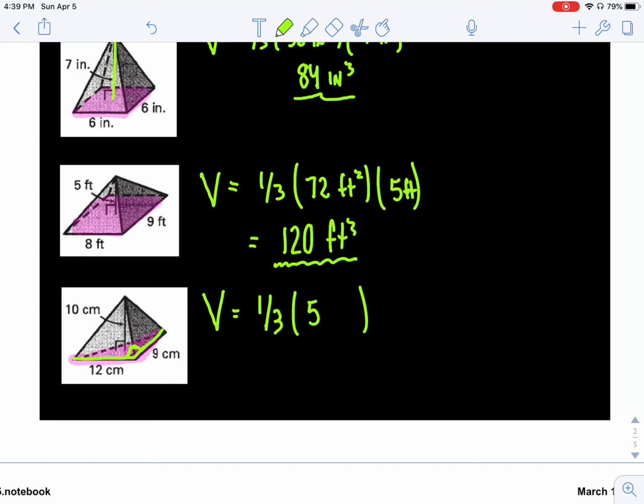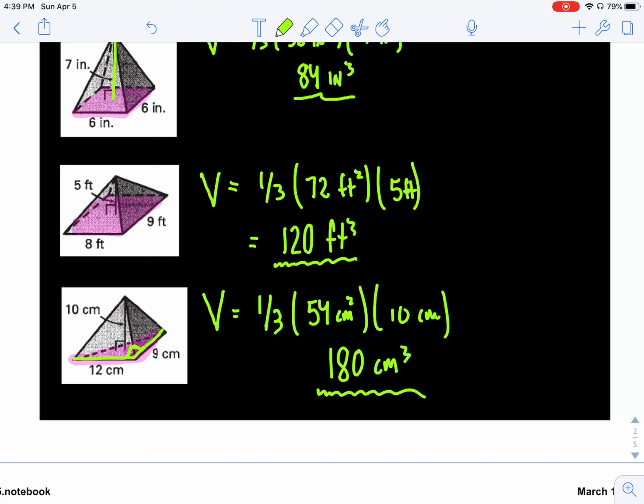That one's going to be 54 centimeters squared, times the height of that pyramid, which is 10. Take 1/3 of 54 and you get 18. And 18 times 10 is 180 cubic centimeters.